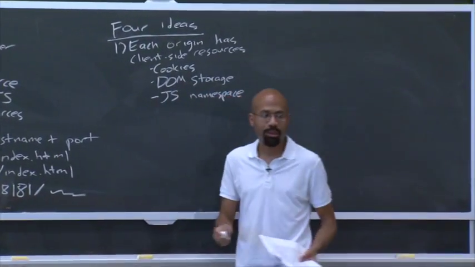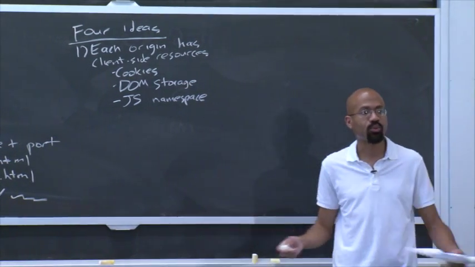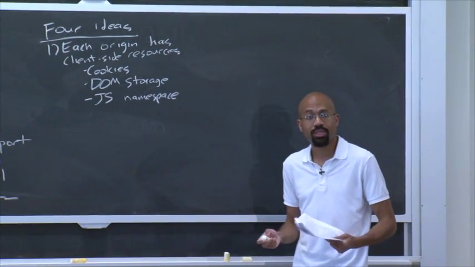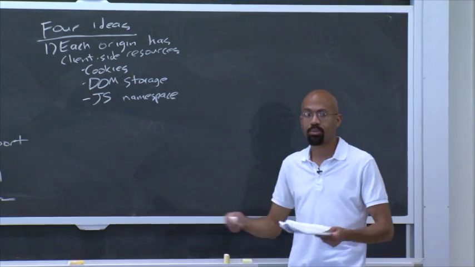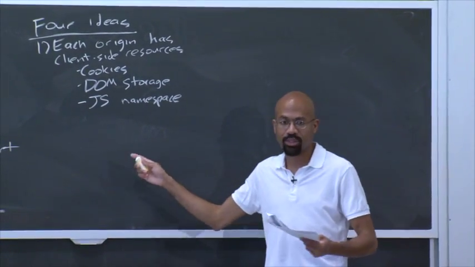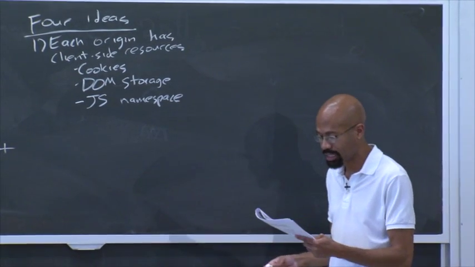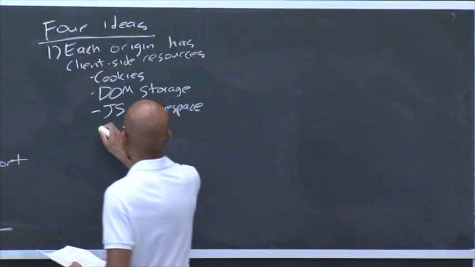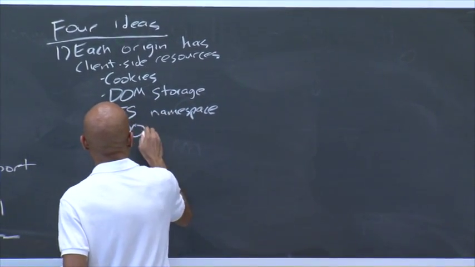Right? So that JavaScript namespace defines what functions and what interfaces are available to that origin. Some of those interfaces are built in, like let's say the string prototype and stuff like that. And then an application might actually fill the JavaScript namespace with some other content. There's also this thing called the DOM tree.